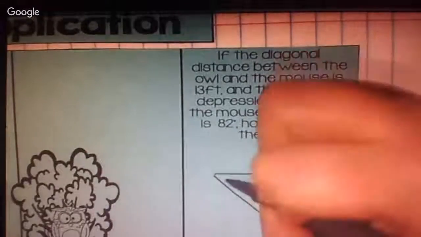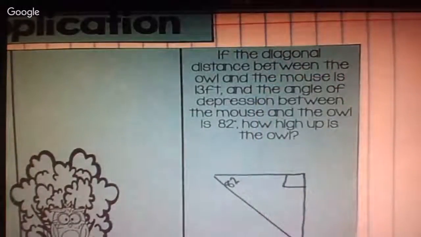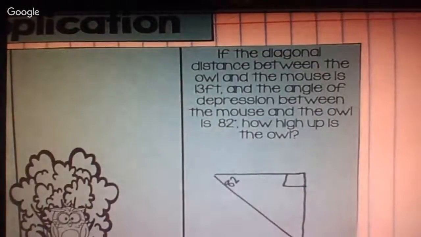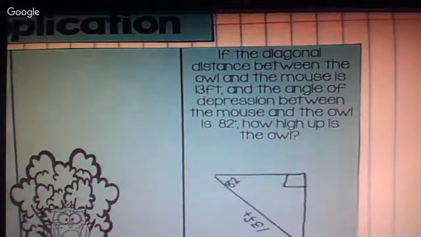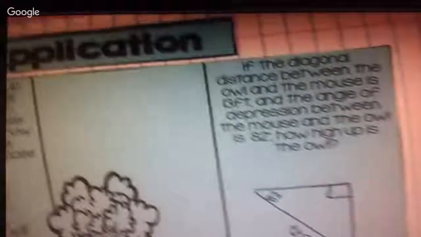So that means 82 goes here. Where does 13 go? That's your hypotenuse. And what do I need to find?